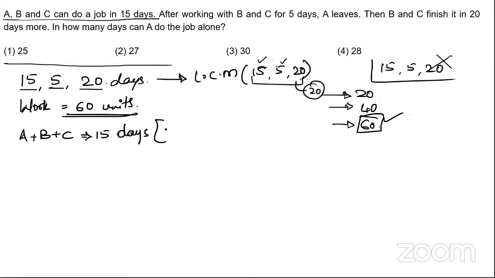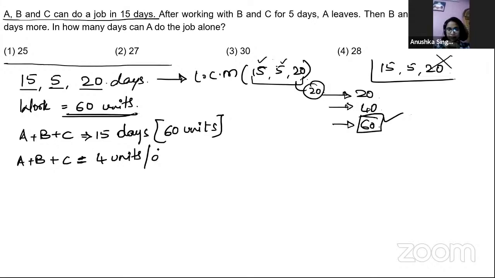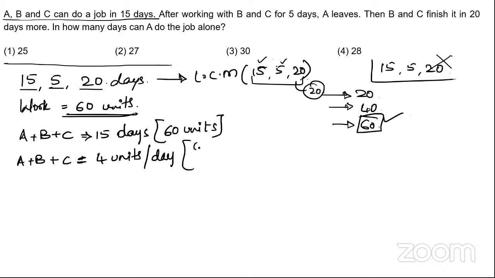What can they do in 15 days? They can work on 60 units. All of you are clear? So if ABC can do 60 units in 15 days, how much will ABC do in one day? 4 units in a day, which is 60 divided by 15.